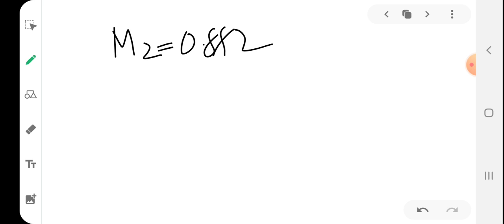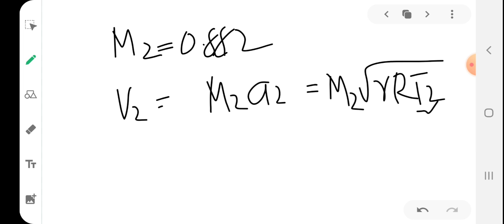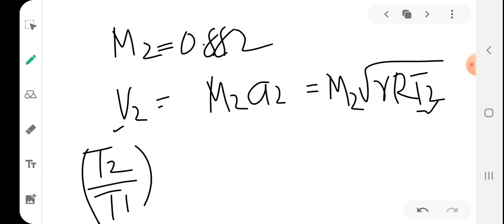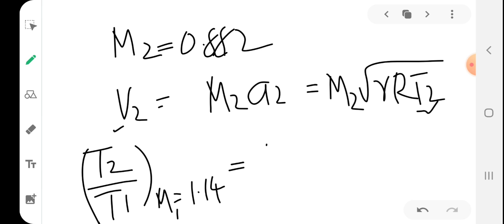Now we are asked to find V2. V2 is nothing but M2 into A2, and that means M2 into root gamma R T2. So if T2 is known, we can find V2. How to find T2? T2 by T1 corresponds to the upstream Mach number. For M1 equal to 1.14, from the table, T2 by T1 is 1.090.